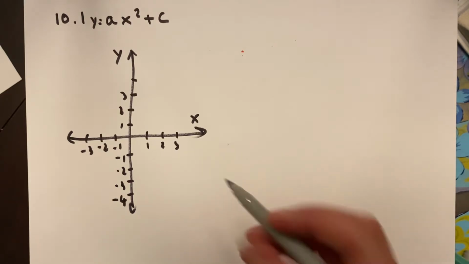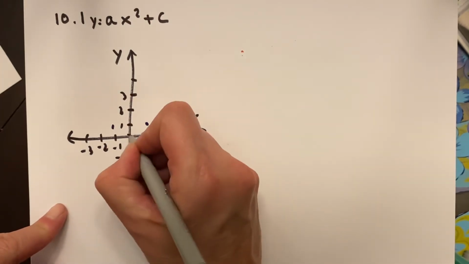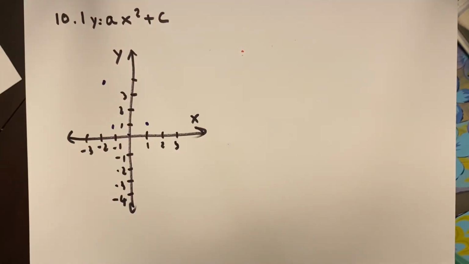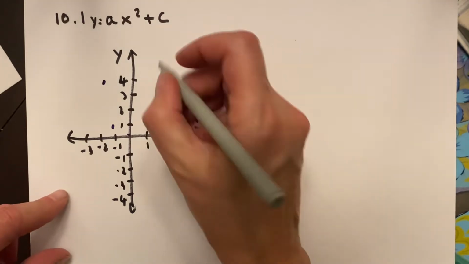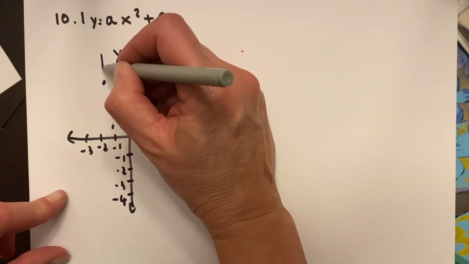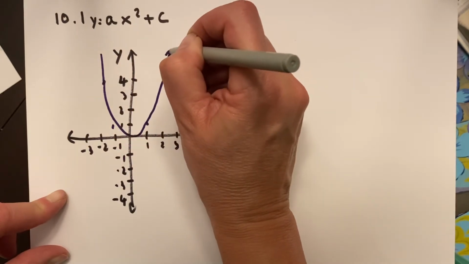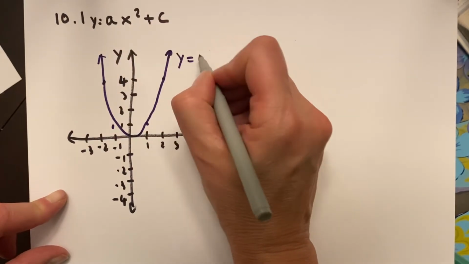So here's my parent function again. I forgot to label 4. Here's the same parent function I drew on the last page. This is y equals x squared.